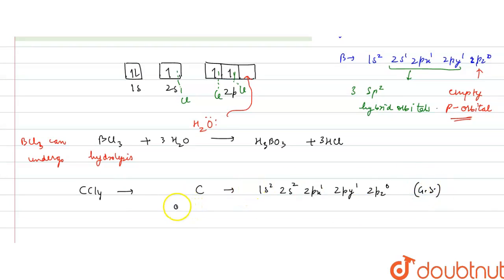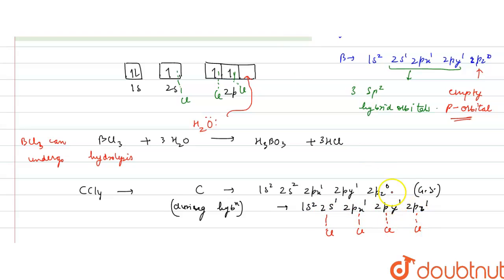During hybridization or bonding, one electron from 2s is transferred to the 2p orbital, so it becomes 2s1, 2px1, 2py1 and 2pz1. So these orbitals can form bonds with 4 chlorine atoms by sharing one electron each.